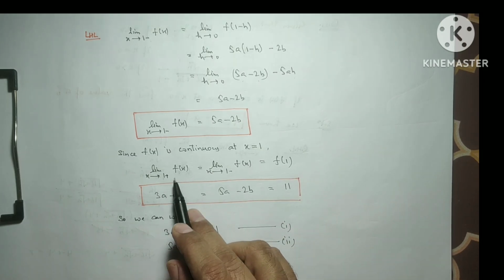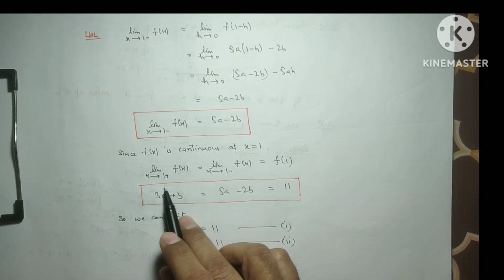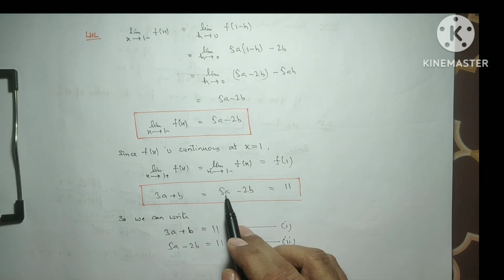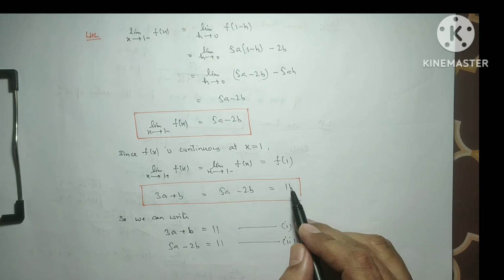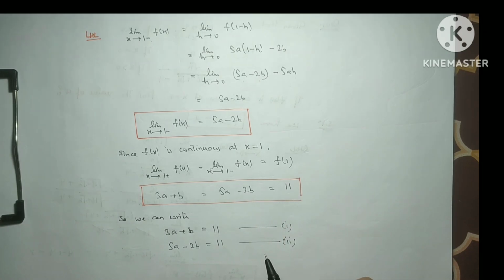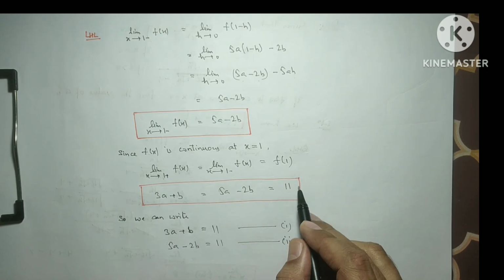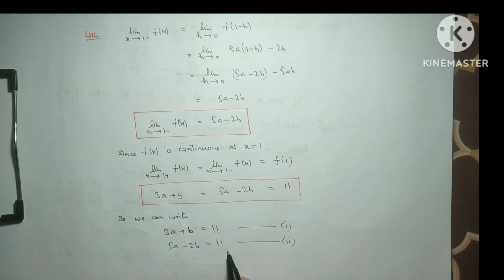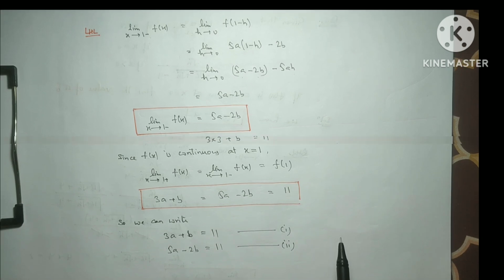So the right hand limit we collected is 3a plus b, the left hand limit is 5a minus 2b, and the value at the point is 11. So we use first and last: 3a plus b equals 11, and when we compare this to 5a minus 2b, it is 11. So right now we have two equations. Now for getting the values of a and b, we will solve these as two variable equations.